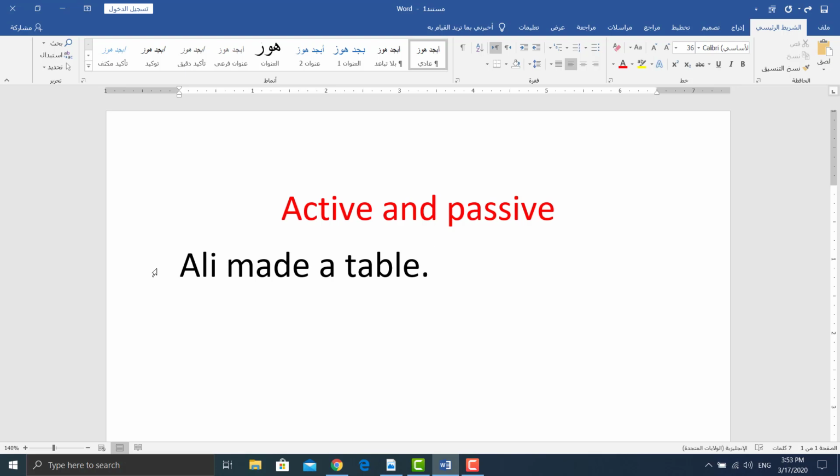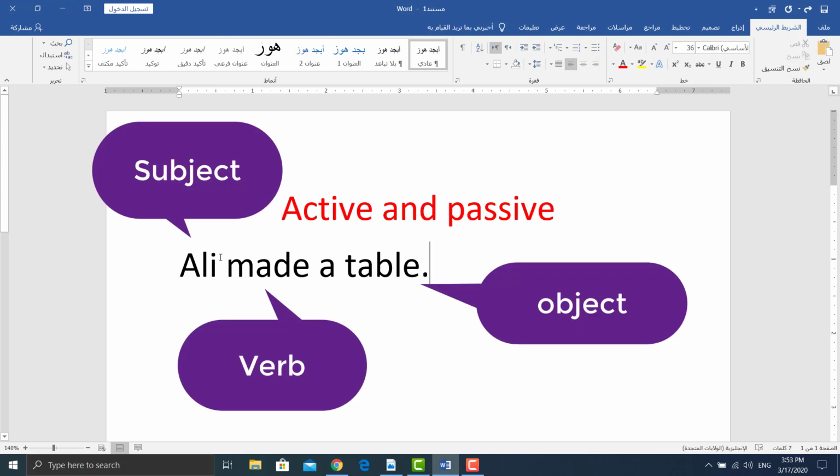Is it active or passive? Yes, this is an active sentence. Let me explain why. It starts with the subject, Ali, and after that we have the verb, which is made, and finally we have the object.